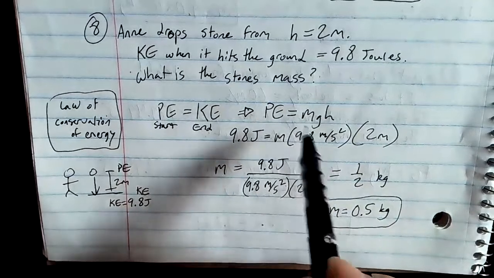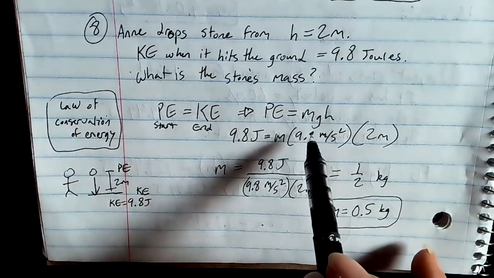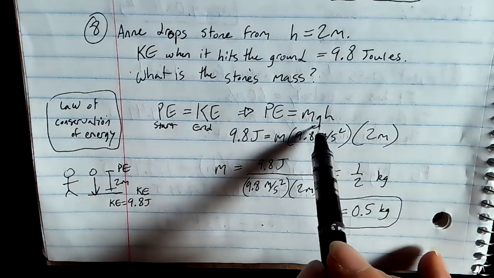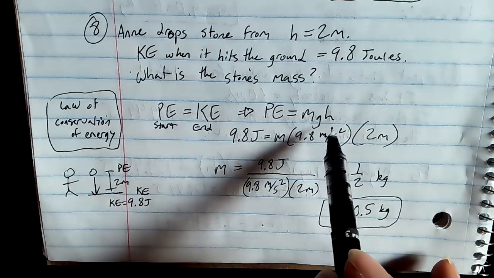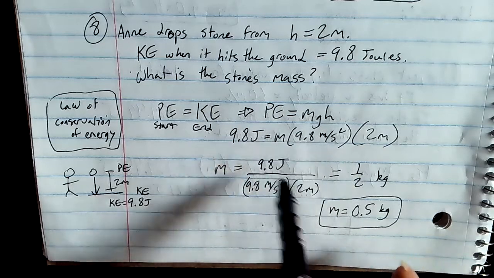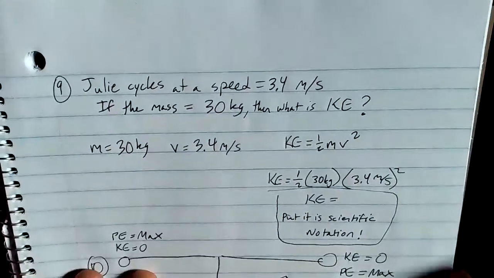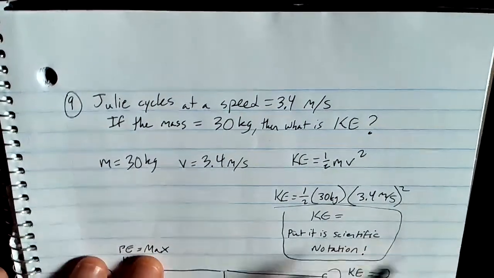And we can use the potential energy because we have the acceleration due to gravity. We know the height, but we don't know the mass yet, and we can solve for the mass that way. All right. Two more questions. Almost done.